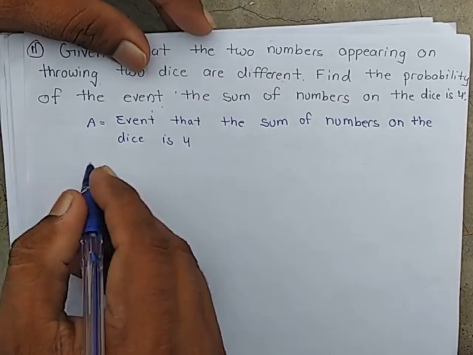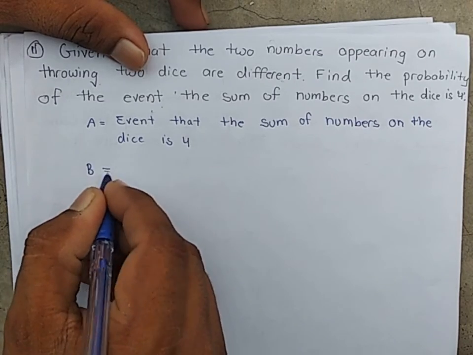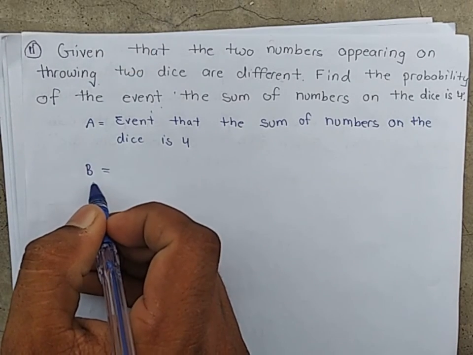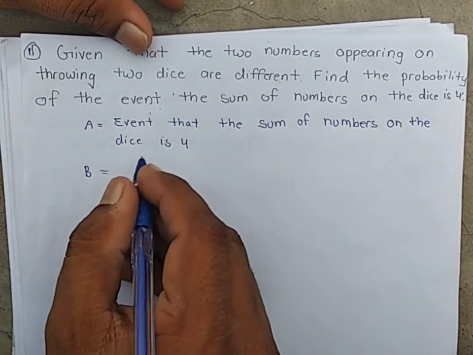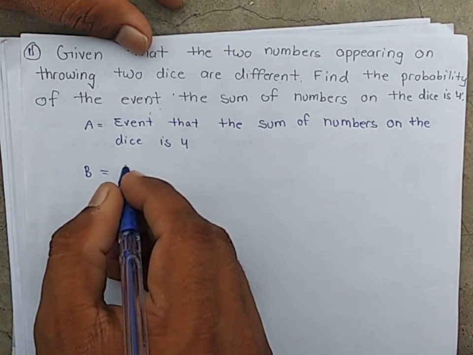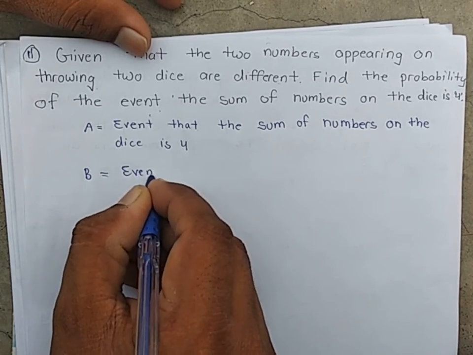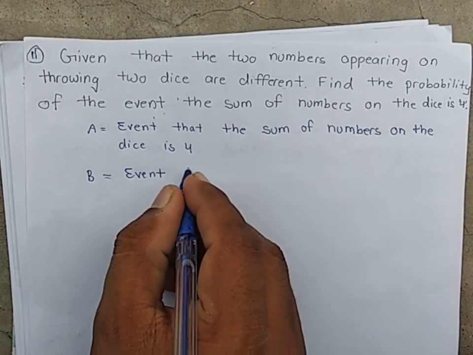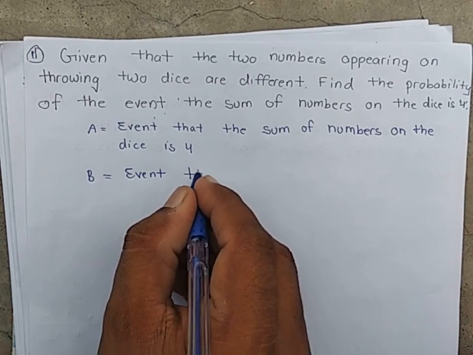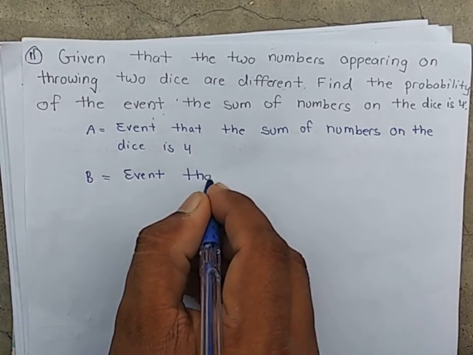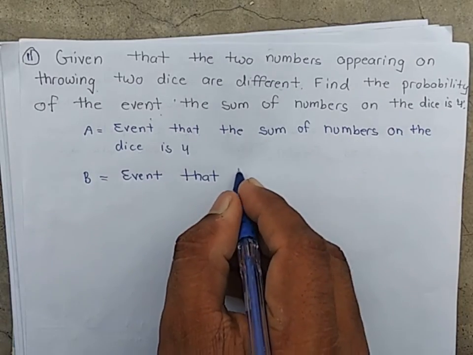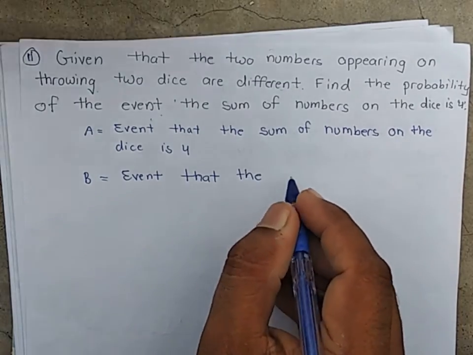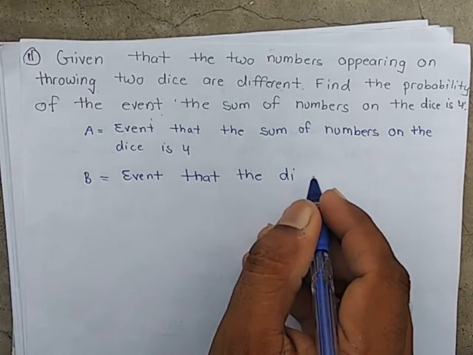It is A. And B is an event which is given, means given that the two numbers appearing on throwing two dice are different, event that the dice shows different number.